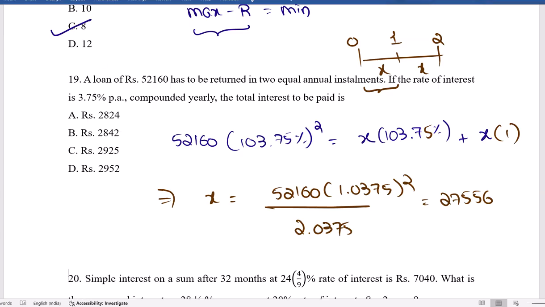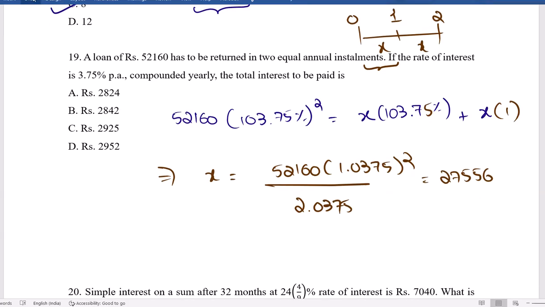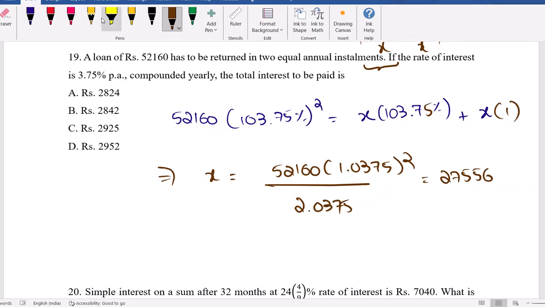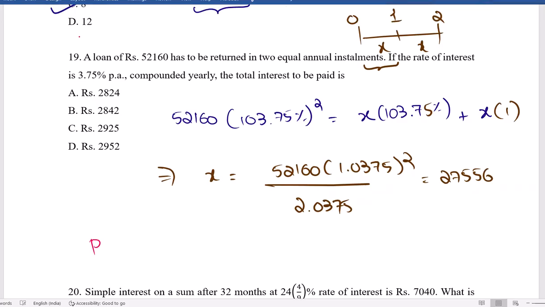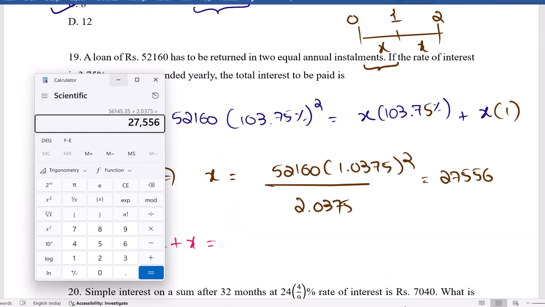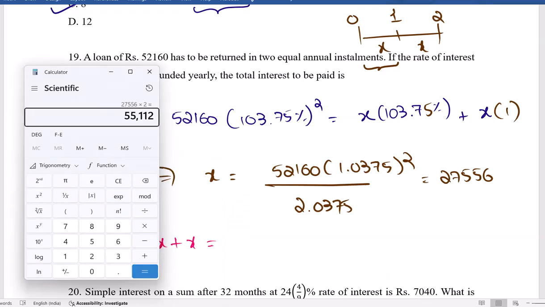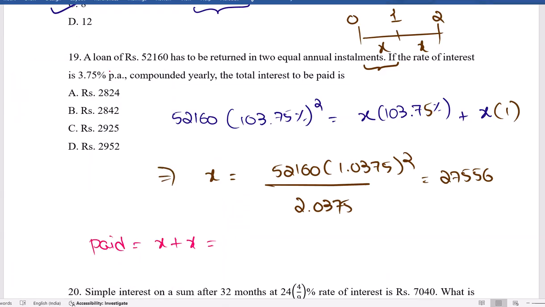So now how can I understand the interest paid? Total interest is the extra amount paid. The amount you are paying is two installments, X plus X, 2 into 27,756 which is 55,512. The amount taken is 52,160. Clearly you can observe the extra amount you paid.